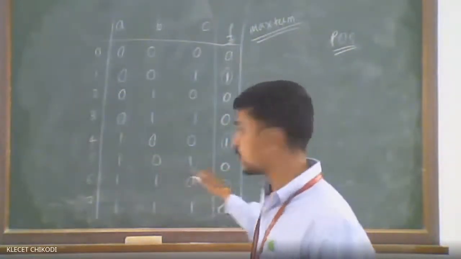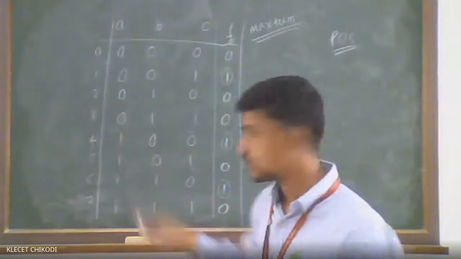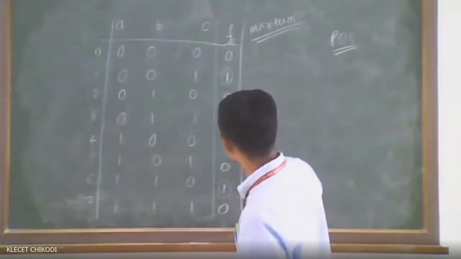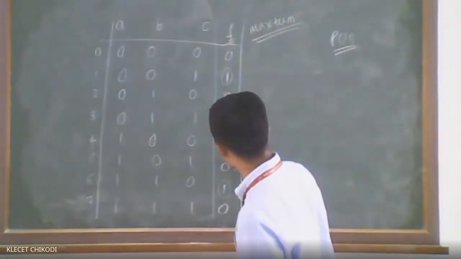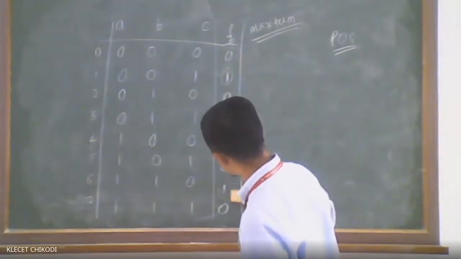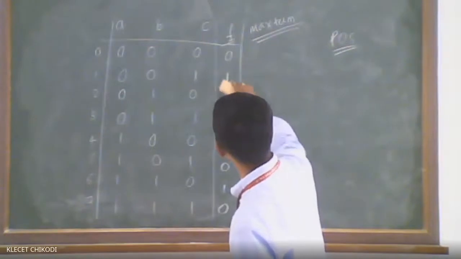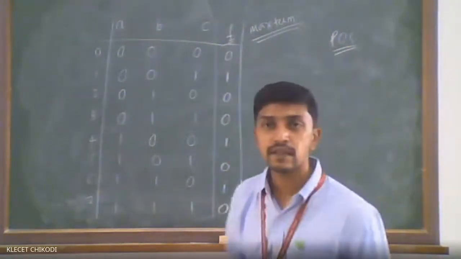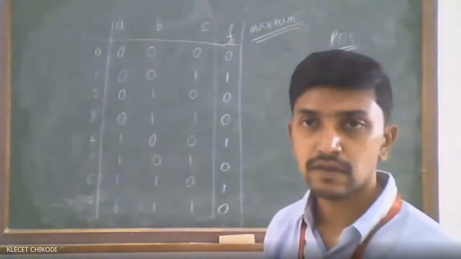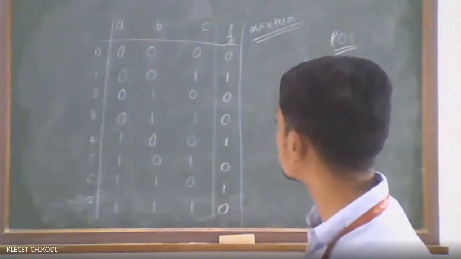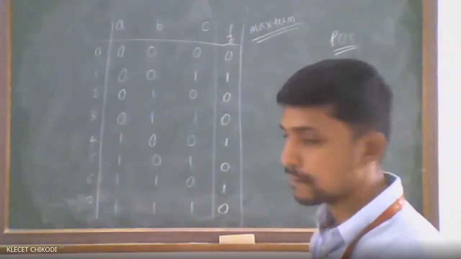Is that clear? Here it is the reverse of that. So instead of 1, wherever the function value is 0, I have to take them as the max terms.